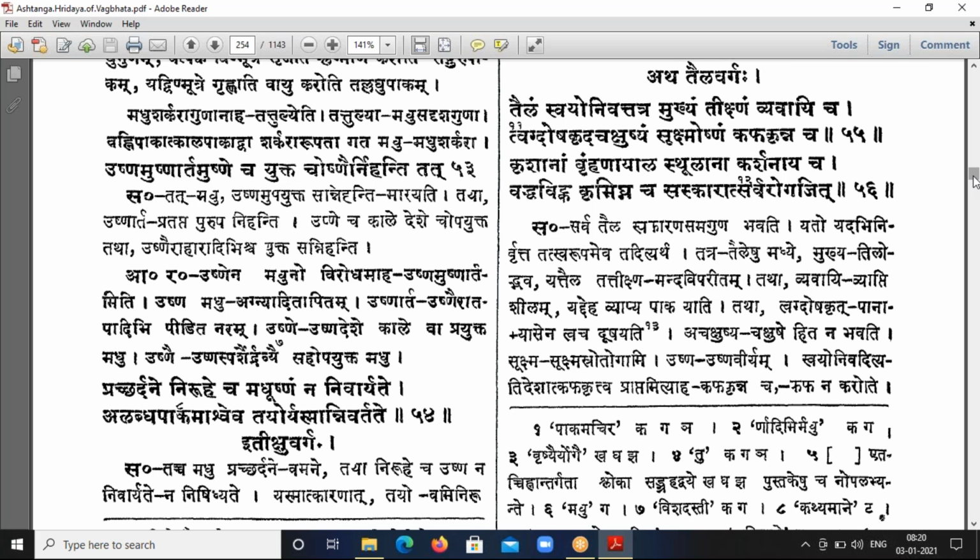But prachardane niruhecha madhu ushnam na nivaryate. Alabdhapagam ashveva tayor yasman nivartade. Madhu is advised to be used warm during prachardana, vamana, and while preparing vasti dravya.